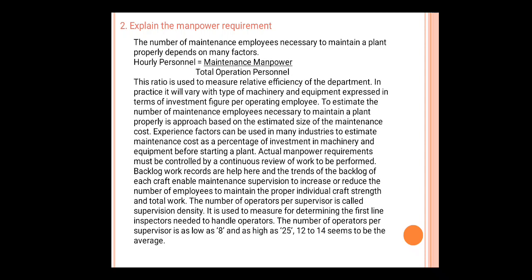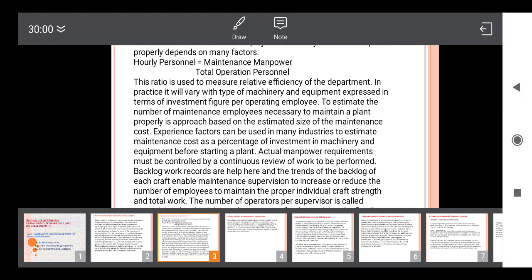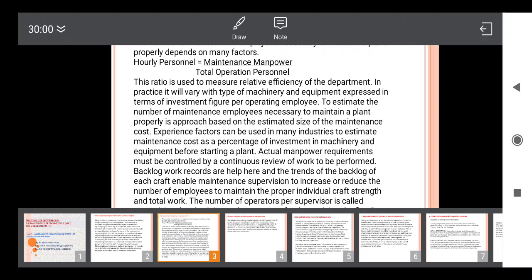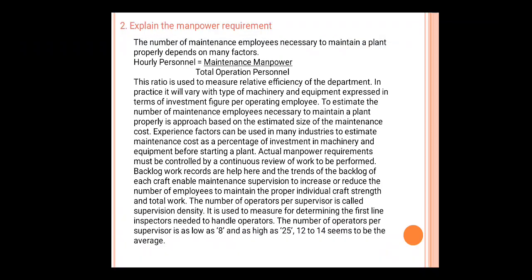Actual manpower requirements must be controlled by a continuous review of work to be performed. Backlog work records help here, along with the trends of the backlog and number of employees, to maintain the proper individual craft strength and total work.